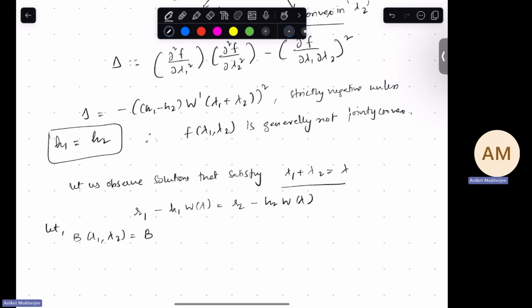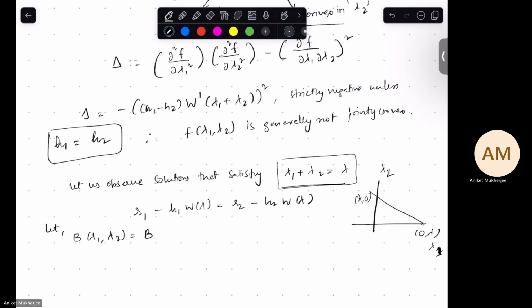The two extreme points on this line are lambda comma 0 and 0 comma lambda. So this is lambda 1, and this is lambda 2. So this is a line: x plus y is equal to c.